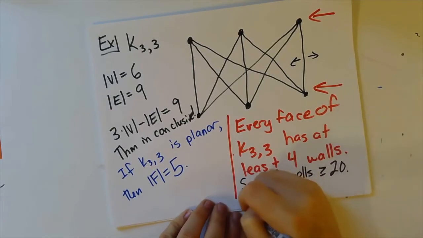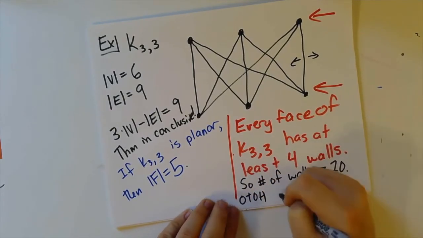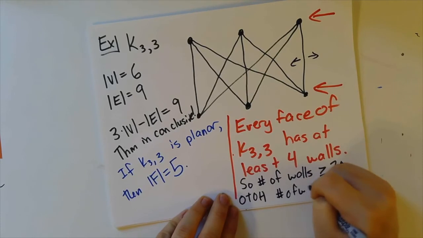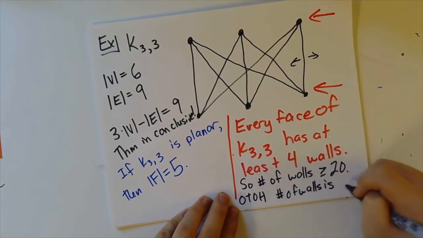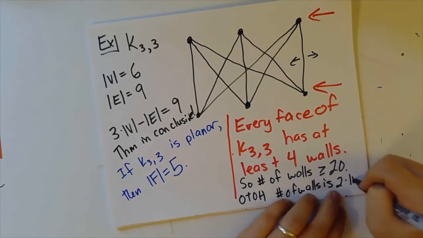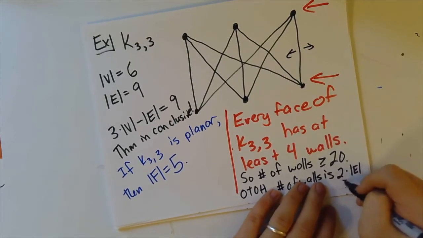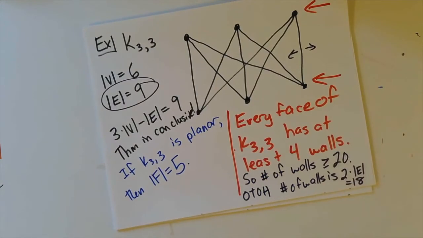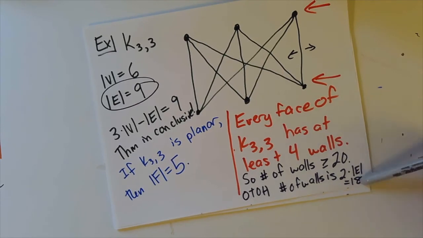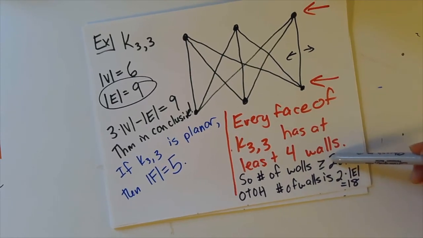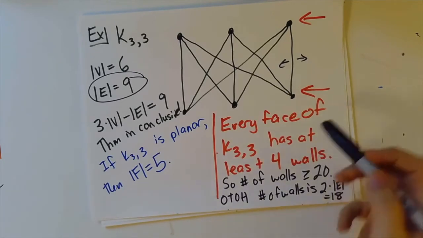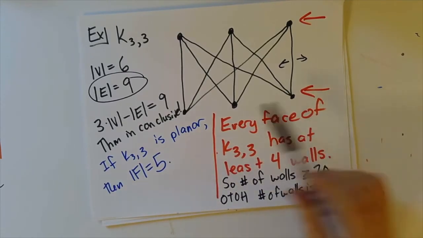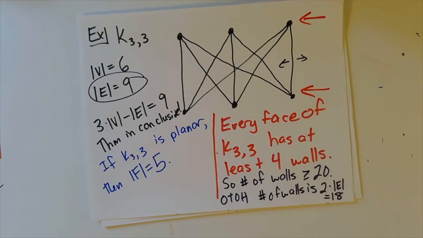On the other hand, the number of walls is 2 times the size of E, which is in this case 18, because remember the number of edges of my graph here is 9. But whoops, 18 is not greater than or equal to 20. Okay, and so this is a contradiction to my attempt to make a planar representation. So this graph is not planar.